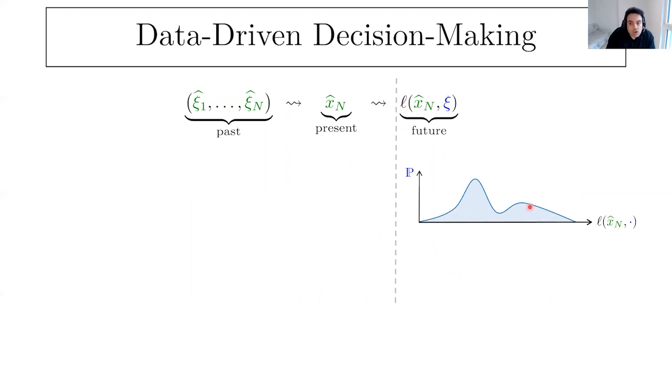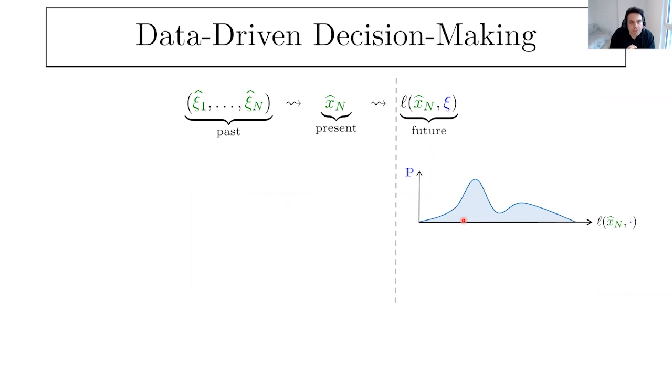It's a distribution, not one loss, that we encounter in the future. Now the question is, how do you want to measure the loss in the future? Here I'm going to name three very classical and popular risk measures.